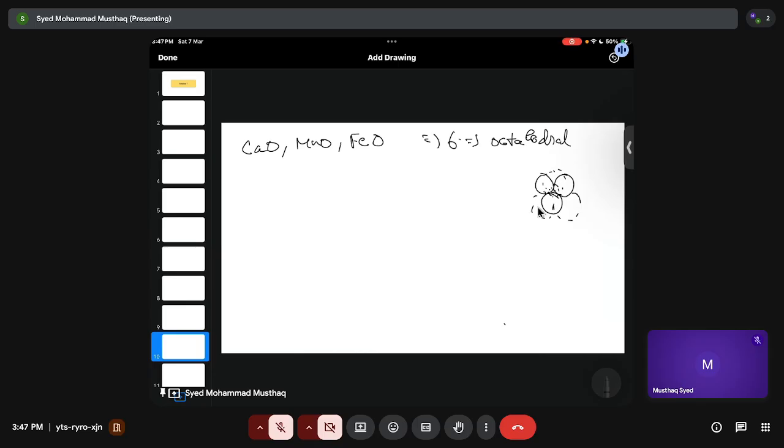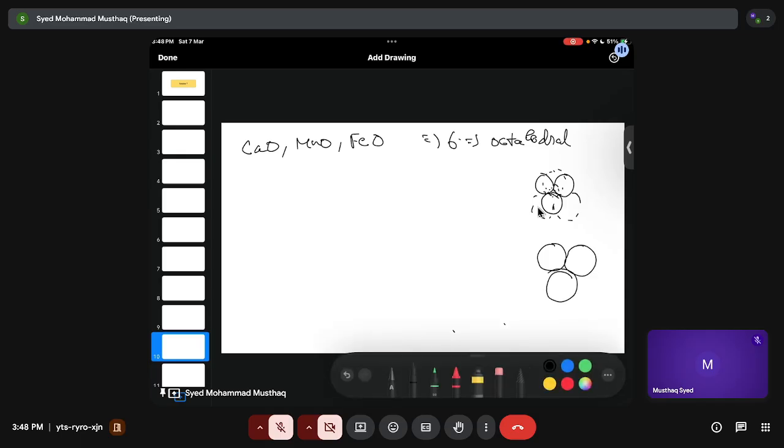Then it will form an octahedron. So if I try to show it, it will mostly look like this. It doesn't look good. So let me draw the diagram. So this is your first layer, and your second layer will come like this.